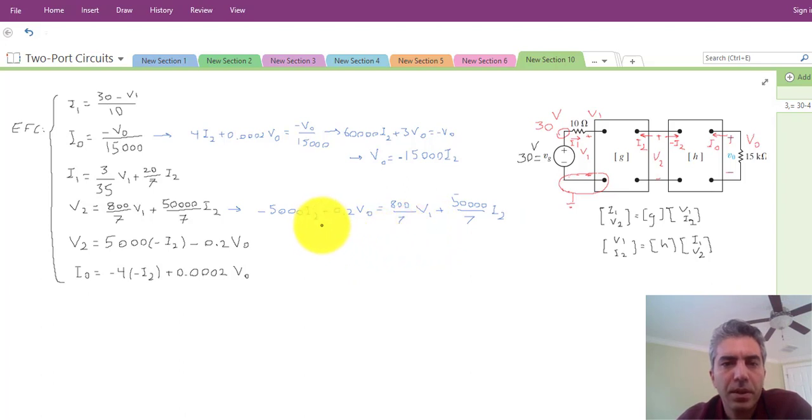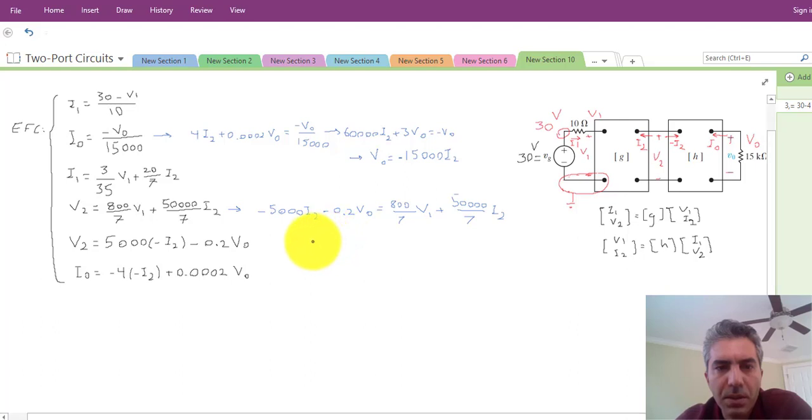Okay, now I'm going to multiply both sides by 7 in this equation, so that would be minus 35,000 I2 minus 1.4 V out is equal to 800 V1 plus 50,000 I2.